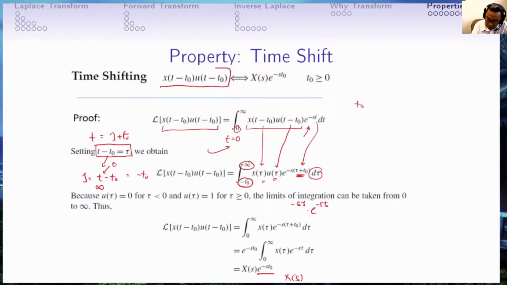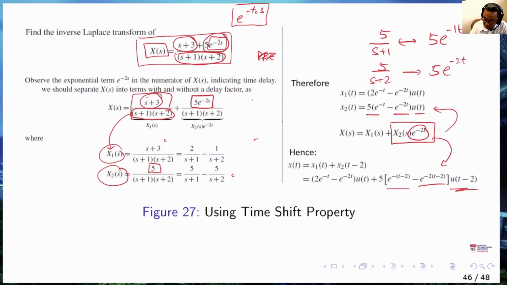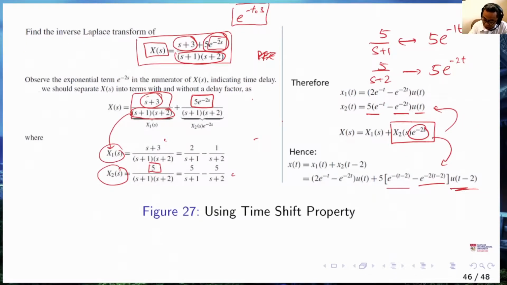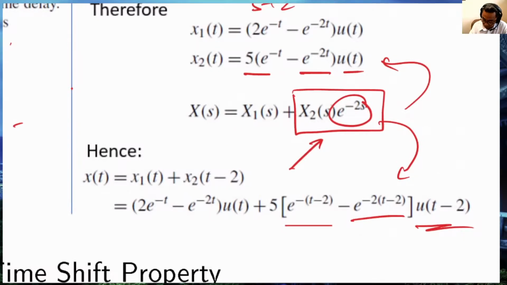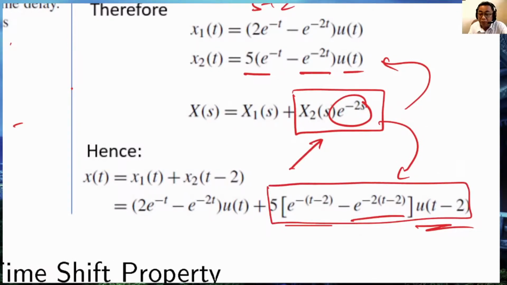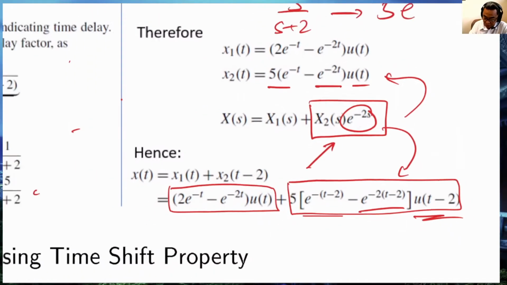A time delayed version will have X of s multiplied by e to the minus s t naught. We are using this in this expression over here to get this expression on the bottom, which is a delayed version t minus 2. X1 is the standard one, so you can get the results easily by inspection.